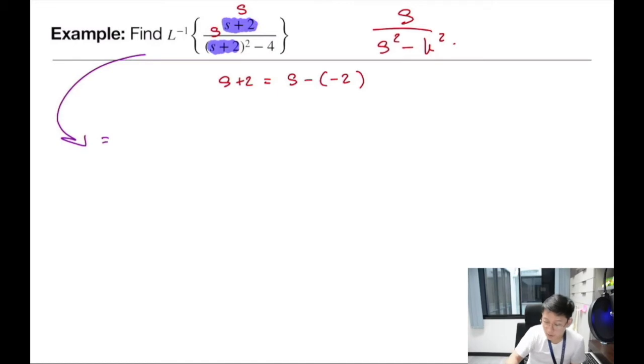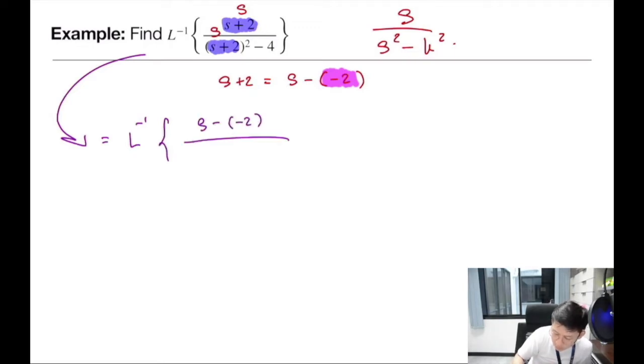So you can pull this minus 2 out. It will become e to the minus 2t. E to the minus 2t, and then you just need to find the inverse Laplace transform of, okay, let me write it a little slower. It would be here s minus minus 2 divided by s minus minus 2 squared minus 2 squared.